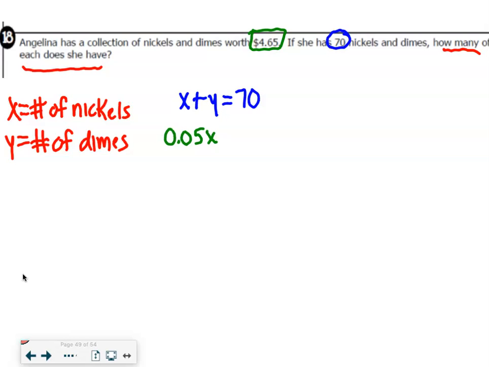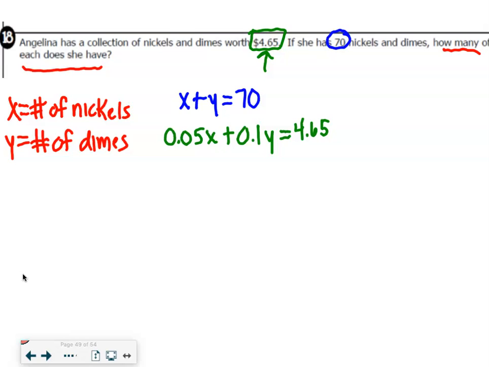So I have this many nickels plus how much is a dime worth? 10 cents. So 0.1y equals our total amount of $4.65. Beautiful. Got our two equations.